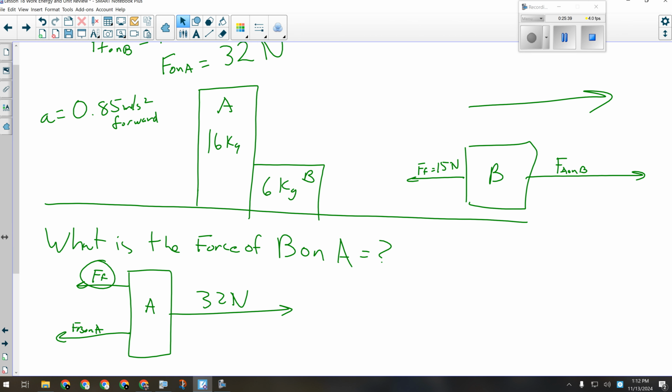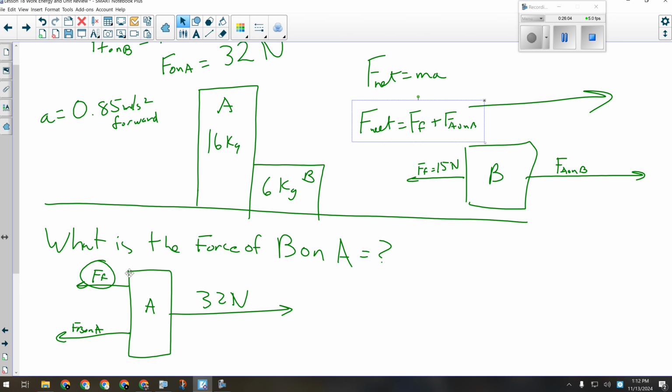Can I calculate the net force here? Yeah, I can, because I was told the acceleration and I know the masses. So, F net will be m times a, and F net will be force of friction plus the force of A on B. I have this number already, and I'm about to have this number.